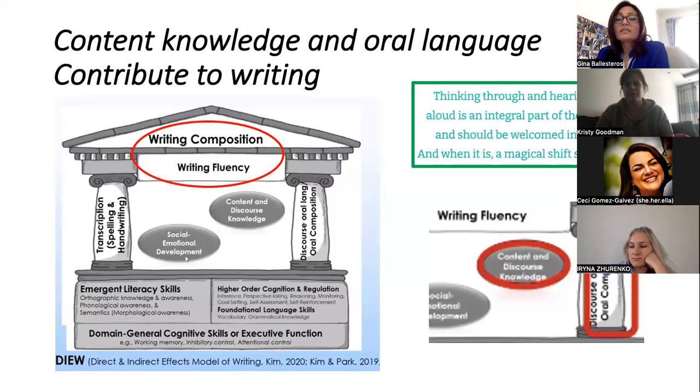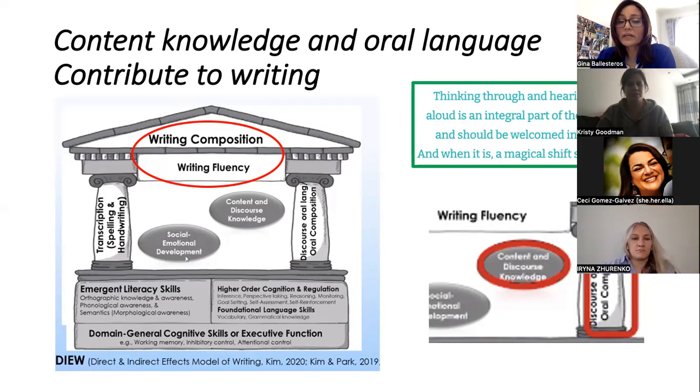So content and knowledge, back to content and knowledge, but now related to writing. The contribution of content topic knowledge to writing. Writing requires the generation of content ideas for which topic knowledge is necessary. Topic knowledge plays a particularly central role for novice writers because writing for beginning writers is essentially a knowledge retrieval process where writers retrieve readily available content or ideas from memory and encode them in print.